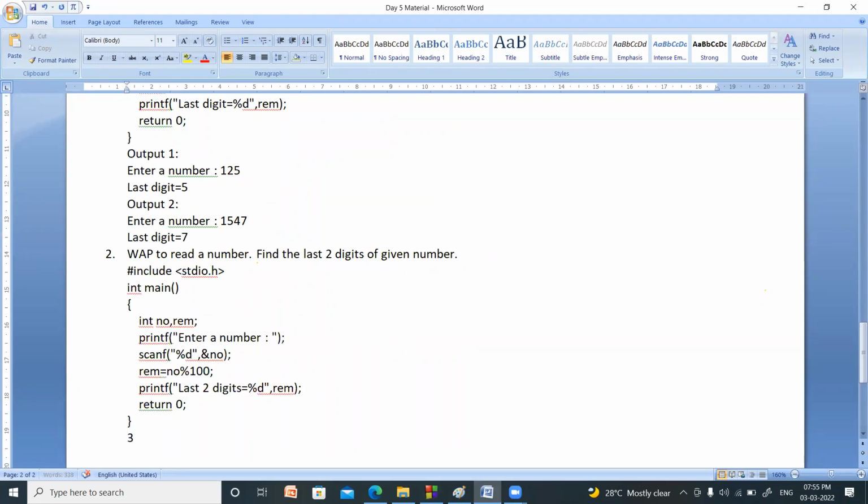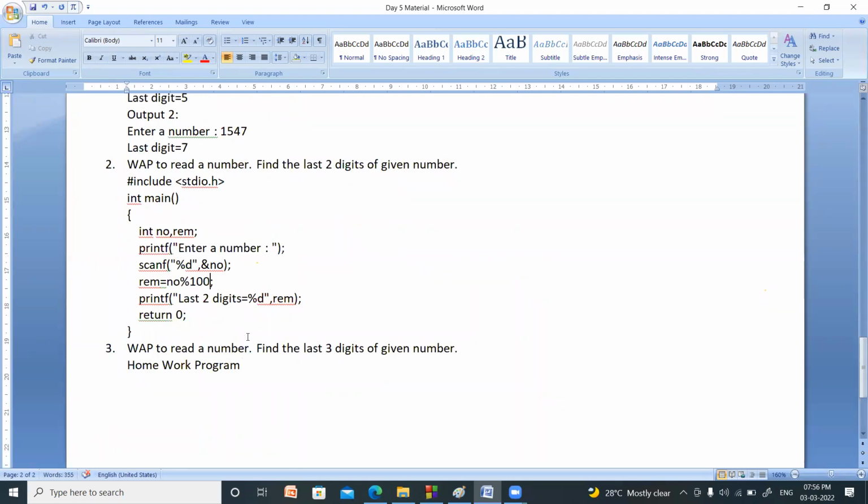Now, one more homework program. Write a program to read a number and find the last 3 digits. Then what to do? Take 1,000 instead of 100.